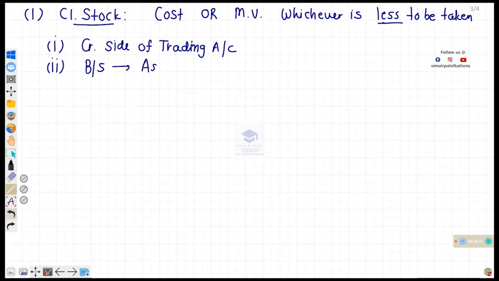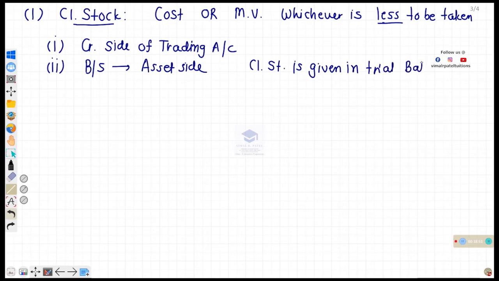If closing stock is given in the trial balance instead of adjustment, then it will have only one effect, that is on the asset side of the balance sheet.